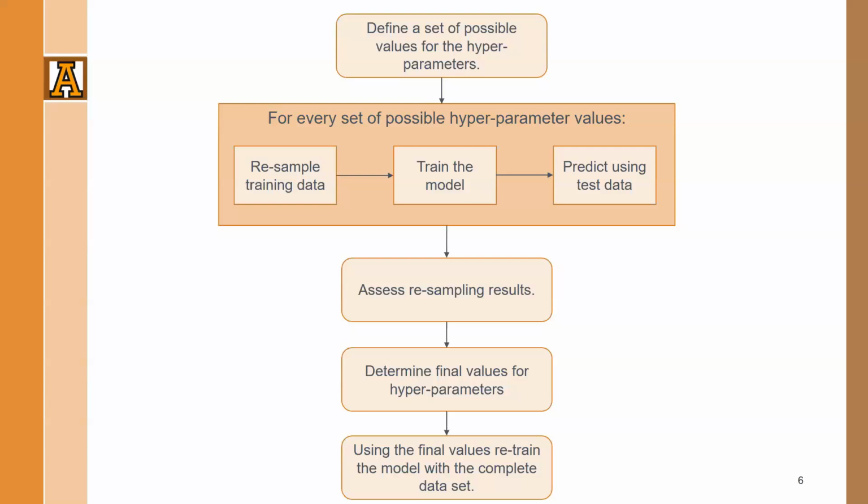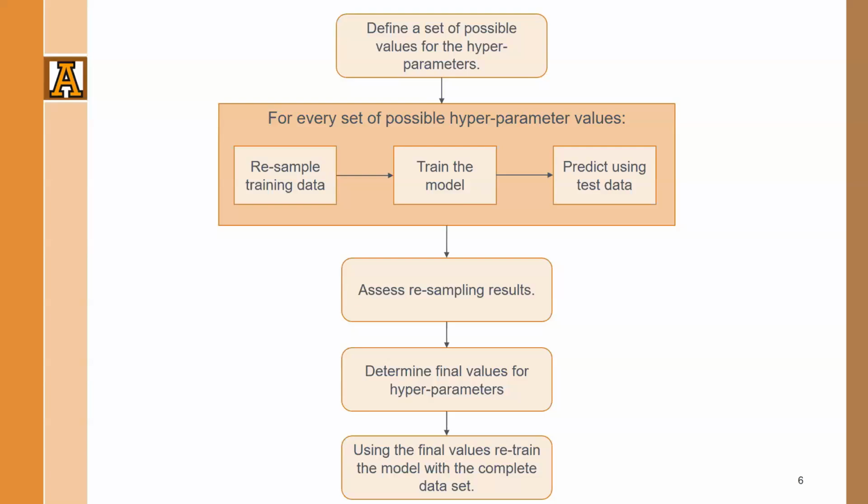Then for every possible combination, since some models will have 2 or 3 hyperparameters. So for example, if I have 2, I construct a grid. In the support vector machine, one will be the cost, another will be a scaling factor or learning rate. Then I make a grid of possible combinations of values of those 2.